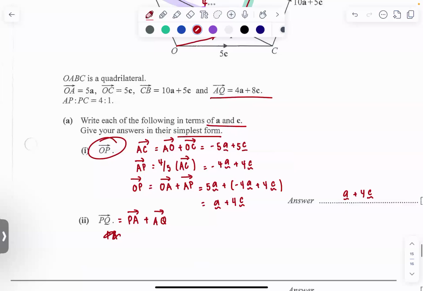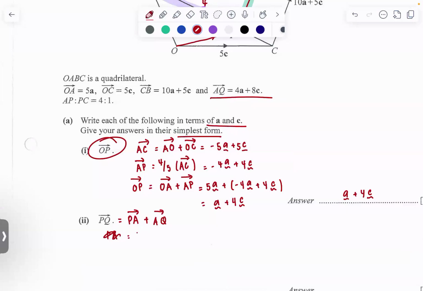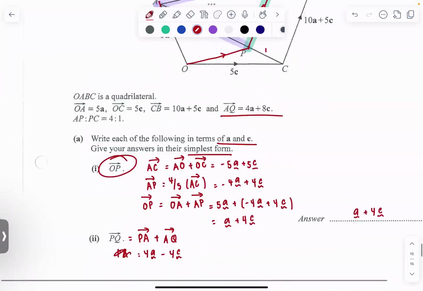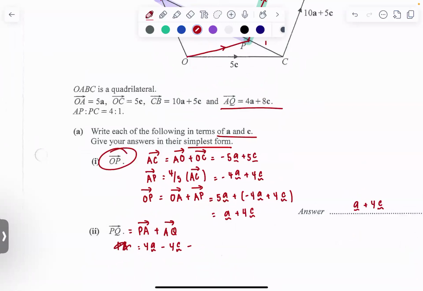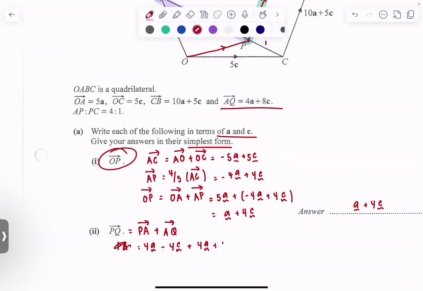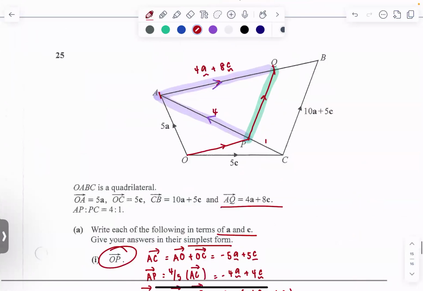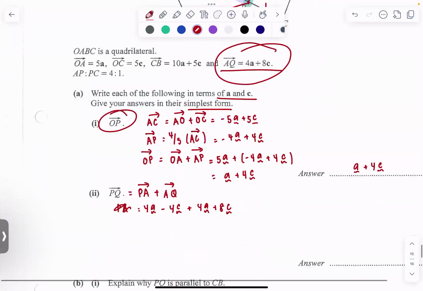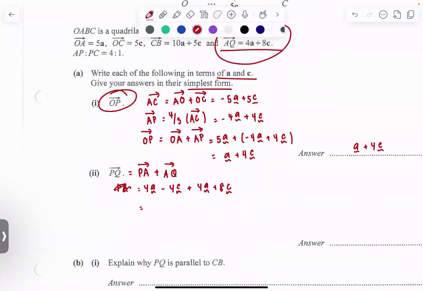And PA is 4A minus 4C, given, plus AQ, which is 4A plus 8C. This is given, right here. Okay. And you're left with 8A plus 4C. 8A plus 4C. Okay.